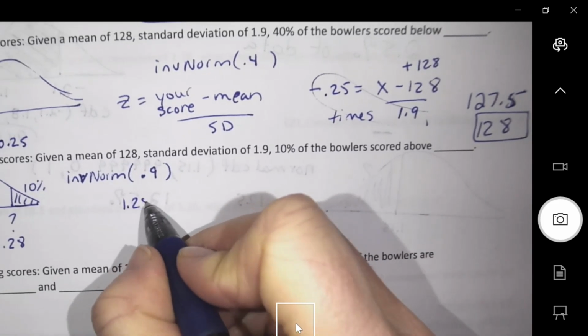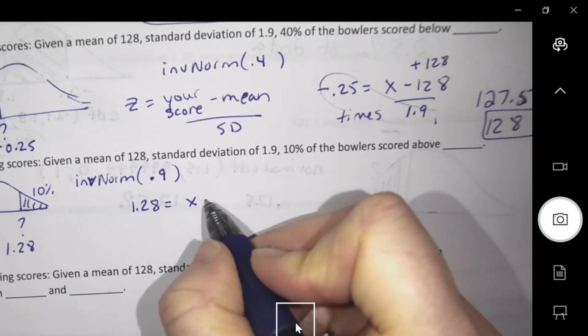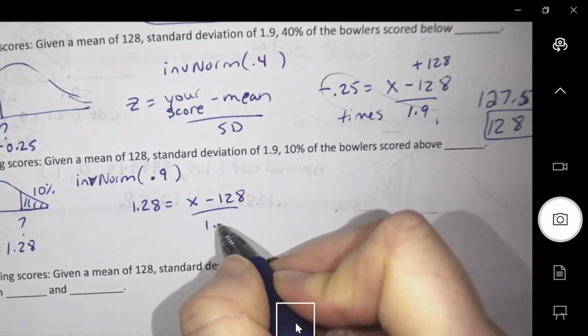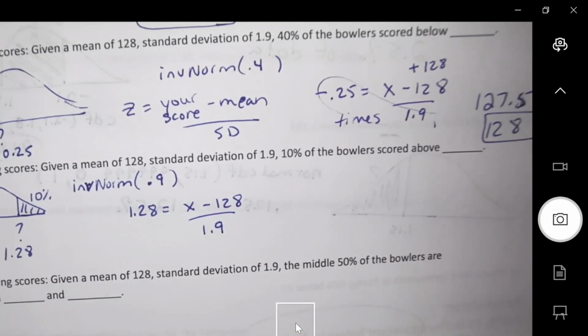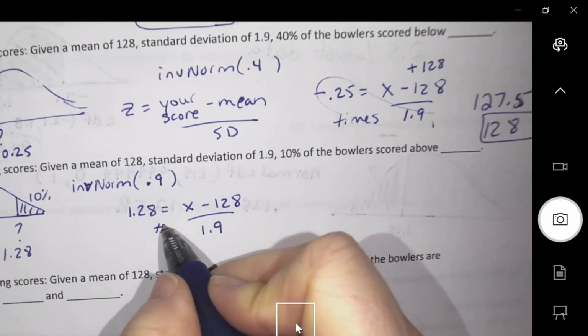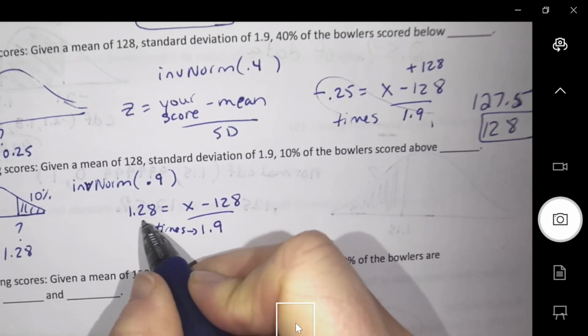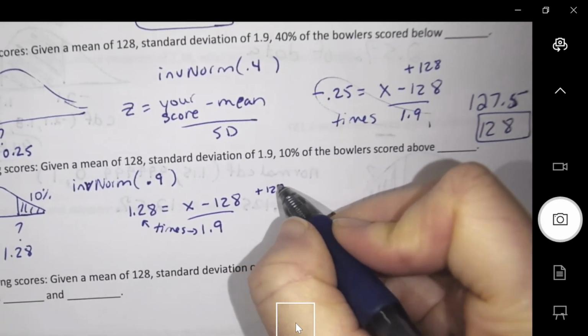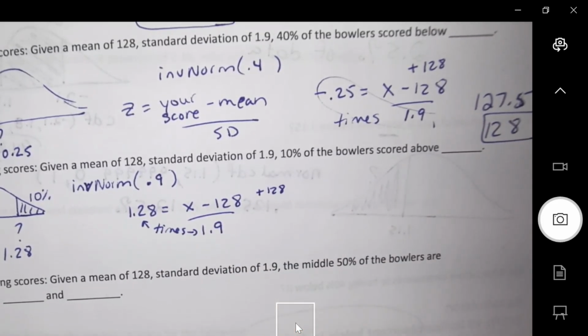So 1.28 equals my score minus mean over standard. Okay, I'm going to times and then add, okay? And I'm going to be doing that in my calculator.